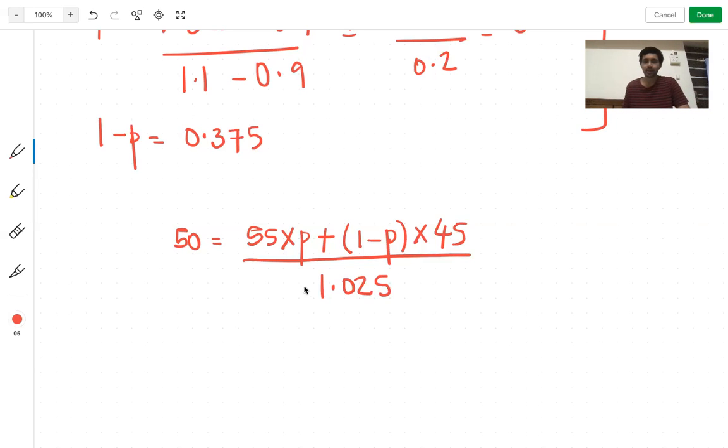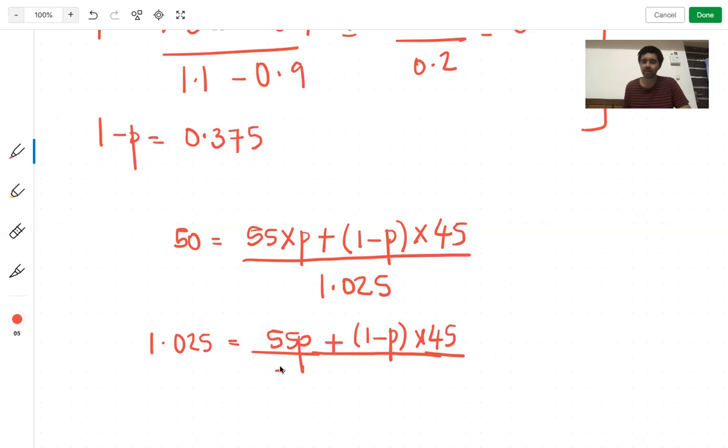Now, first what I'm doing is taking 1.025 to the LHS and bringing 50 to the RHS as a denominator. So it will become 1.025 is equal to 55P plus 1 minus P into 45, the whole divided by 50.